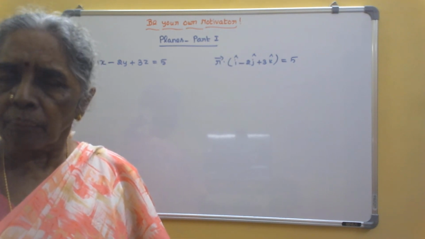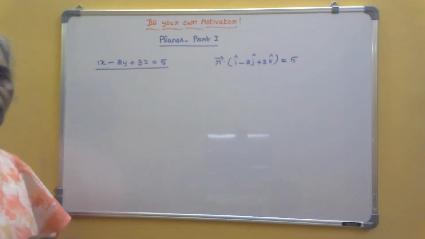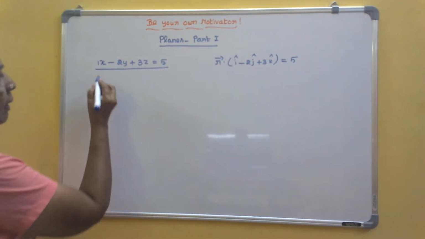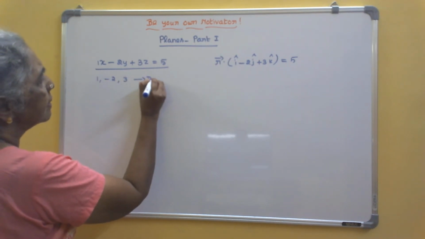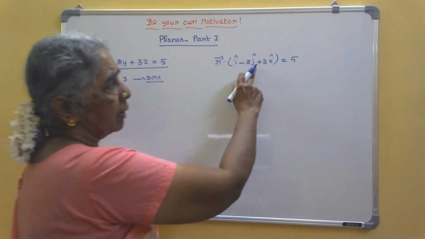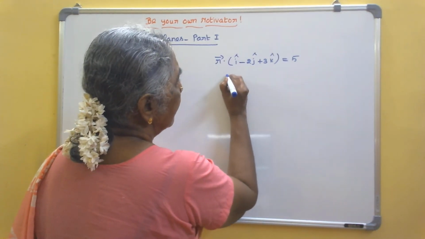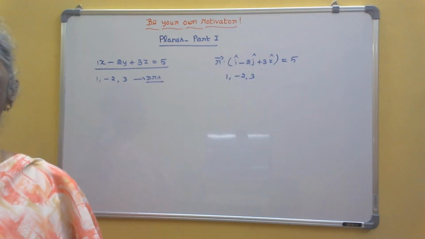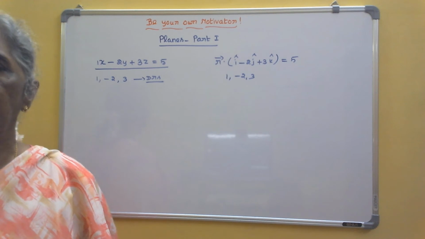Is it clear? Now, if it is given in this format, what are the direction ratios of the normal to the plane? That is 1 comma minus 2 comma 3. These are the direction ratios. Right? Here, if they ask you the direction ratios of the normal, straight away 1 comma minus 2 comma 3, which are the coefficients of i cap, j cap and k cap. They represent the DRs.